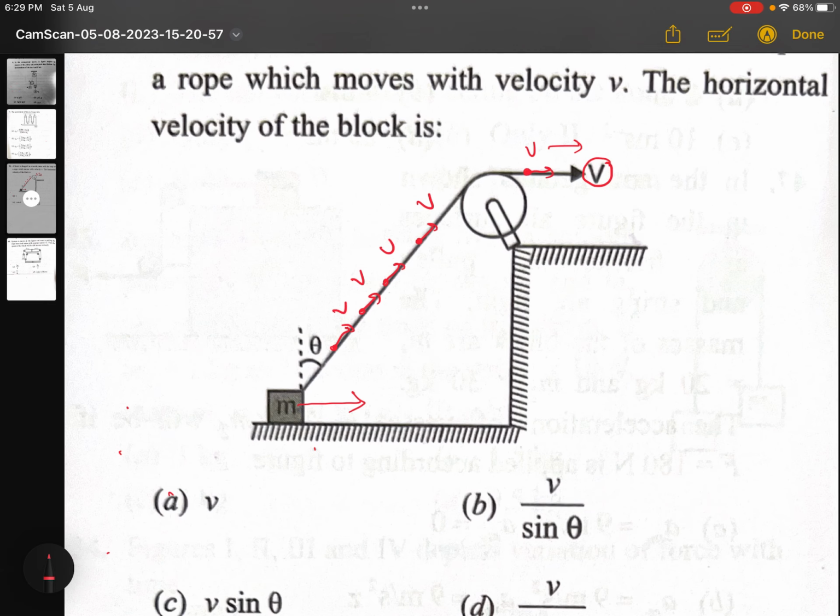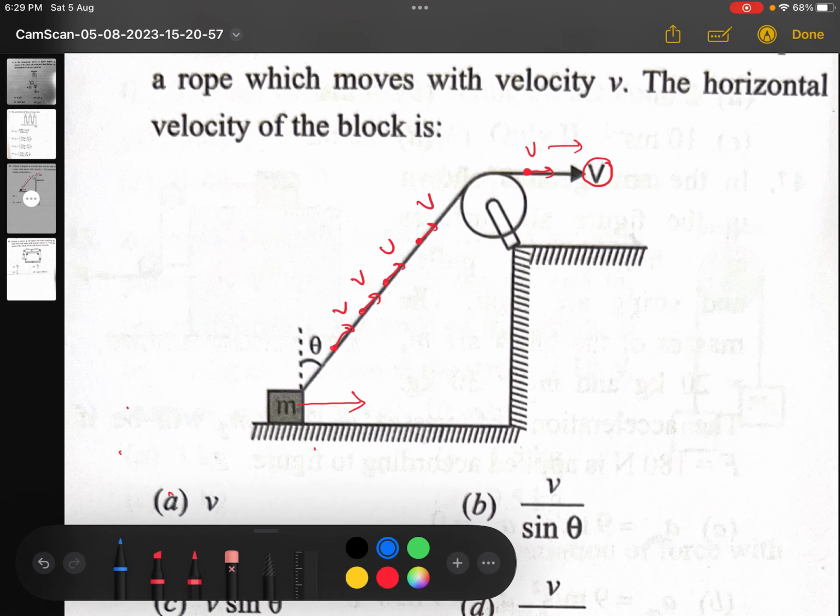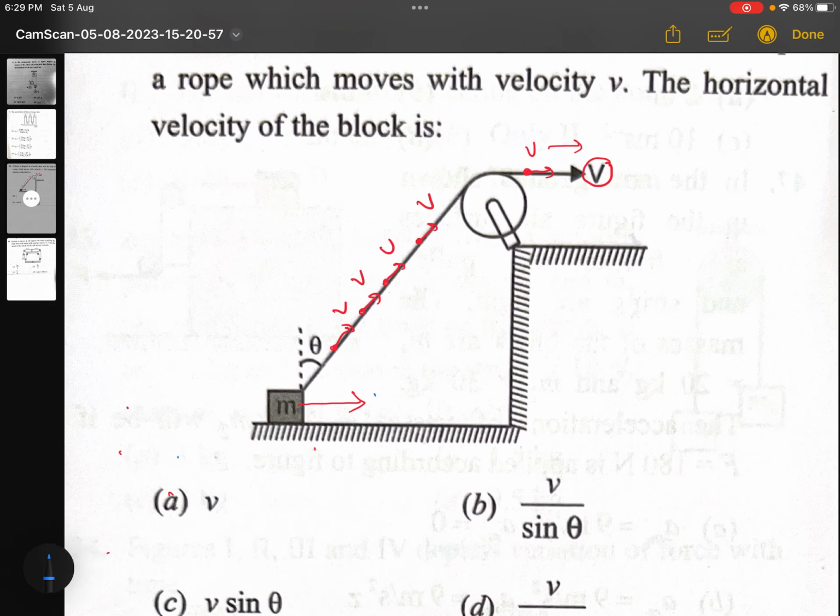Understand? Now if v dash is the velocity of the block, and this angle is 90 minus theta, I can take the component of v dash here. How much is that? v dash cos(90 minus theta), isn't it? This component v dash cos(90 minus theta) must be equal to this velocity v only.